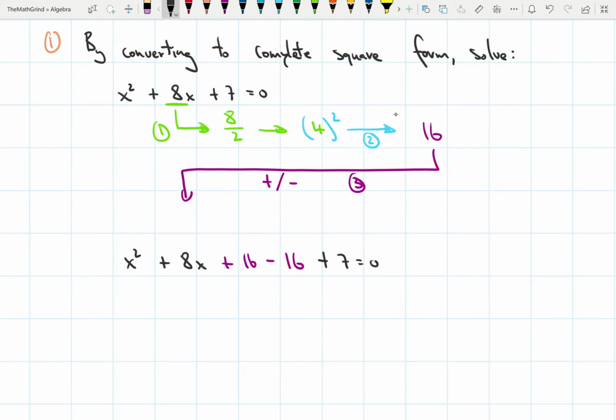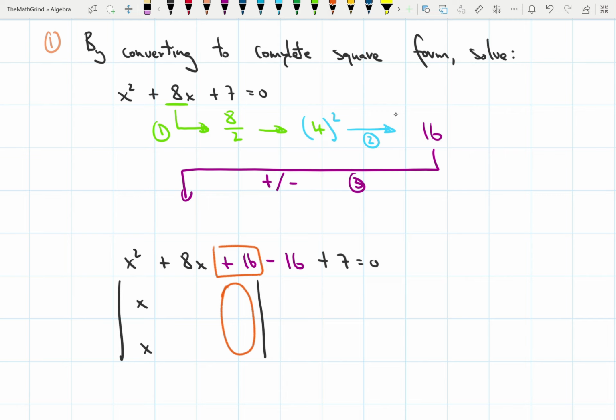Now the reason I always add the 16 first and after the x value is because this will always turn into a perfect square. So using the box method for factorizing a quadratic expression, that's going to be x plus x, and a little hint here, what goes on the right hand side is always going to be the square root of whatever you added.